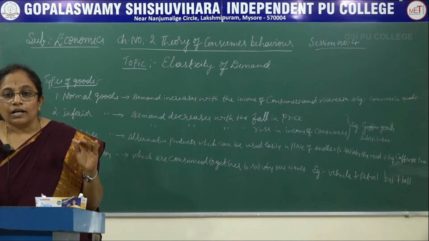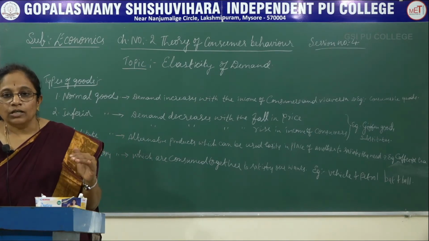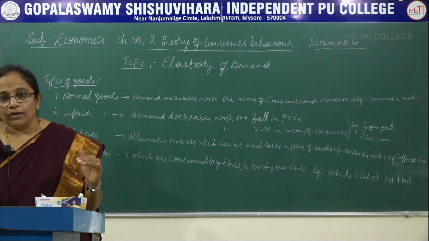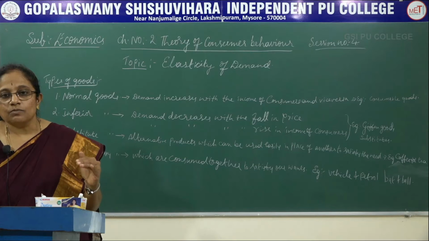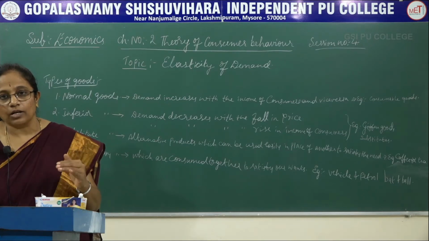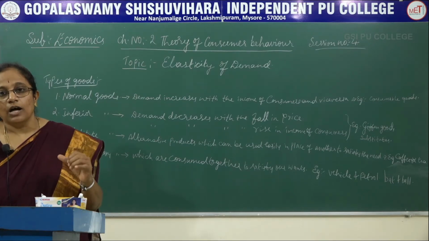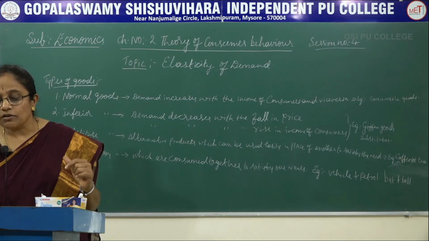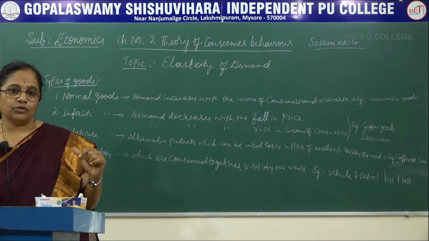In our cardinal approach, we know that there is a concept called diminishing marginal utility, wherein if the consumer consumes more of the same goods, the utility that is derived out of that consumption goes on diminishing. The second one is operation of the law of equimarginal utility.